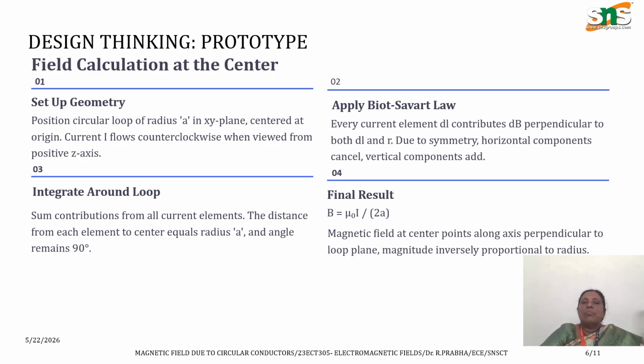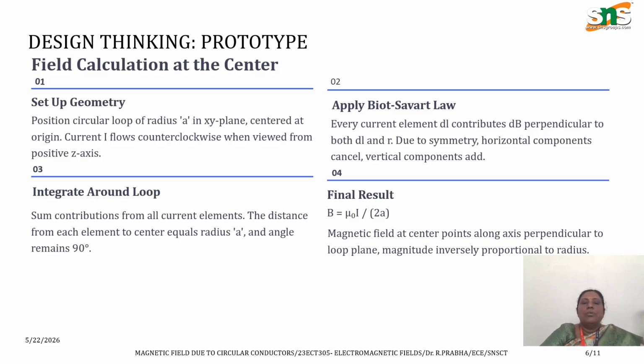In the second step, we apply Biot-Savart's law to find the magnetic field intensity. Every current element dl contributes a magnetic flux density dB perpendicular to both dl, the length, and r. Due to circular symmetry, the horizontal components cancel, and only the vertical components add up.